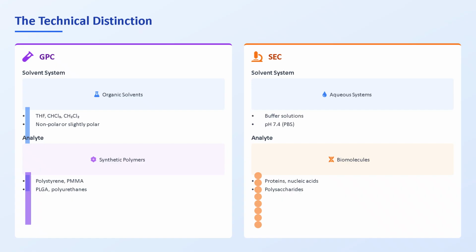But when we hear SEC, it usually refers to biomolecules analysed in aqueous buffers, typically at physiological pH. Proteins, nucleic acids, polysaccharides, all handled using gentle conditions to keep them folded and stable. So while the technique is the same, the solvents and analytes define which term is most appropriate.